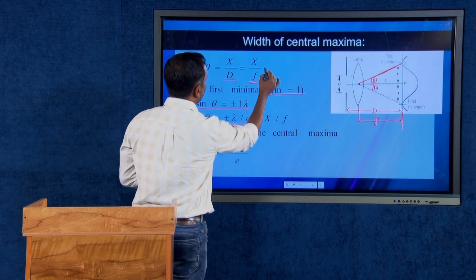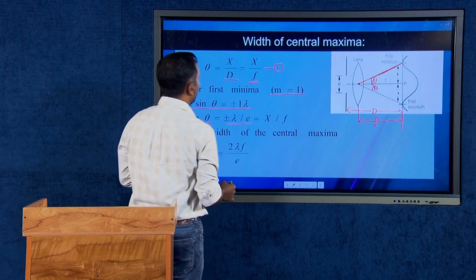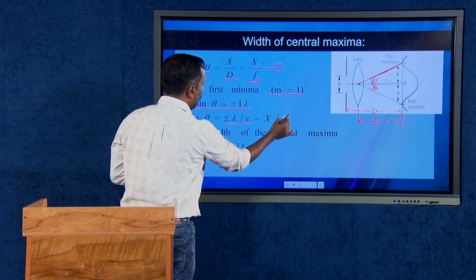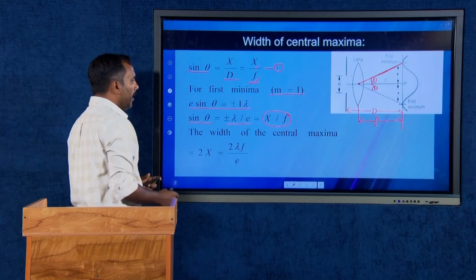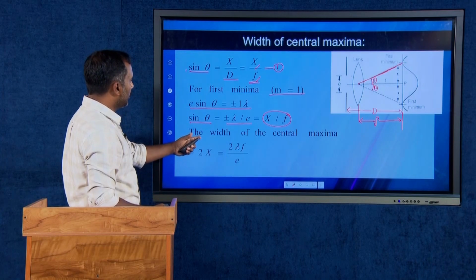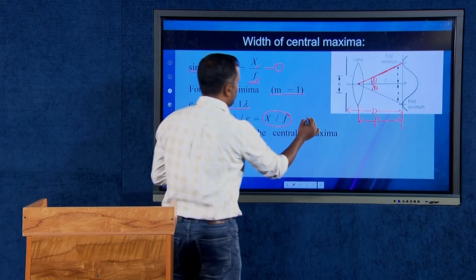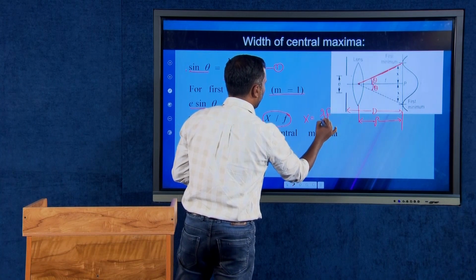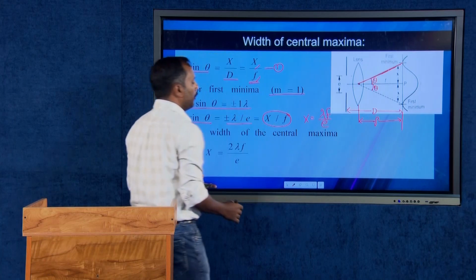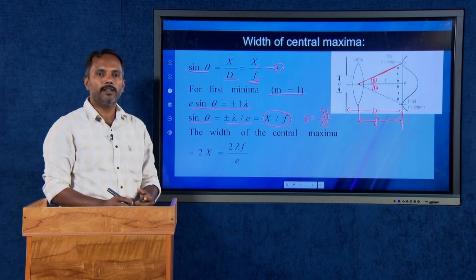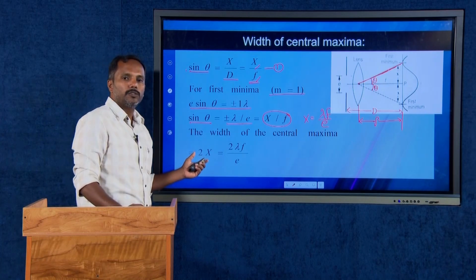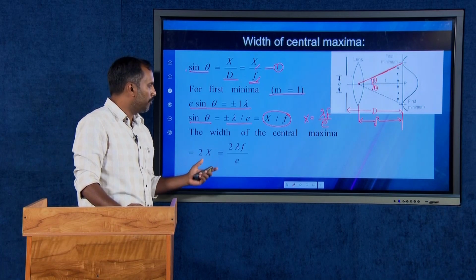And from equation number 1, we have sin theta is equal to x by f, and I am substituting the value of sin theta as x by f over here, and then obviously we can easily find the value of x is equal to lambda into f divided by e. And if we know the value of x, then the width of the central maxima can be easily calculated, that is 2x is equal to 2 into lambda f by e.